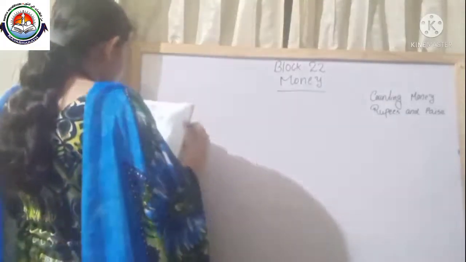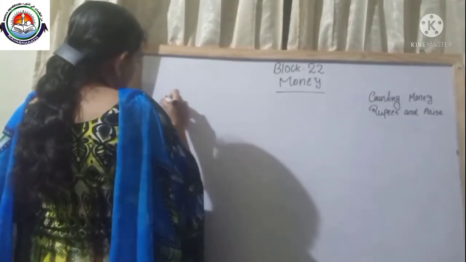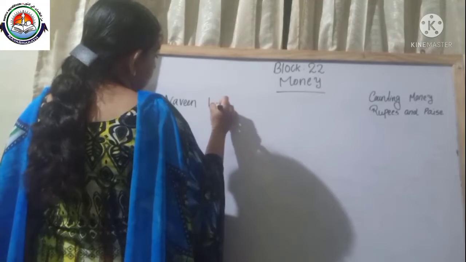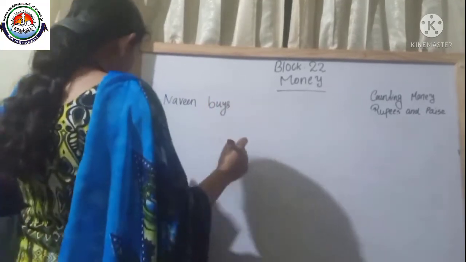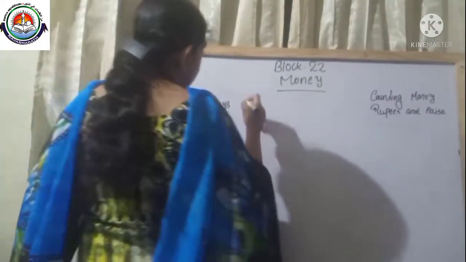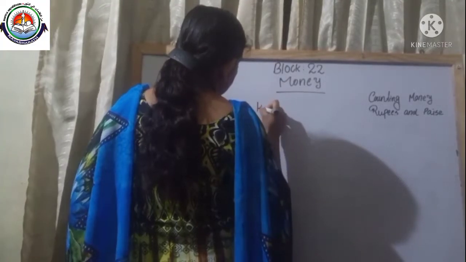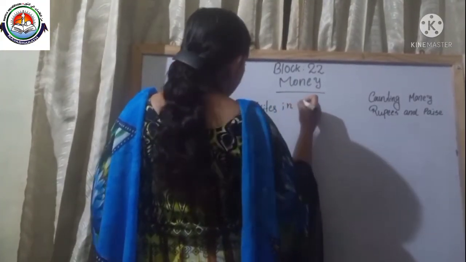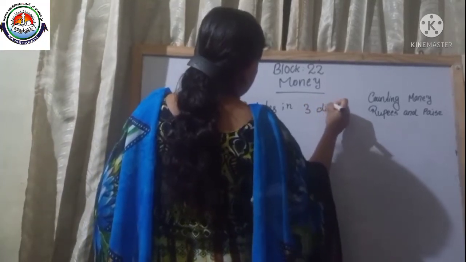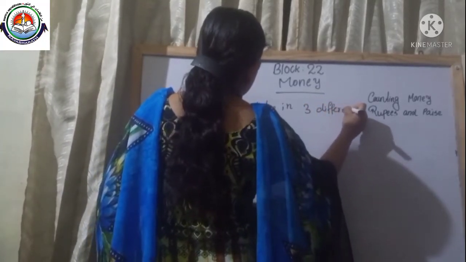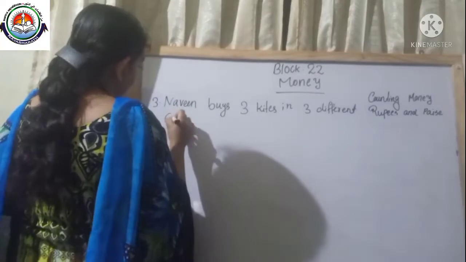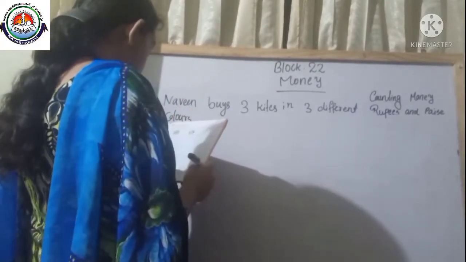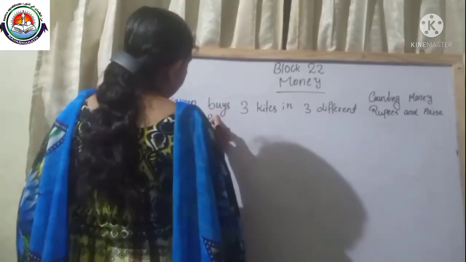Naveen buys 3 kites in 3 different colors for rupees 200.